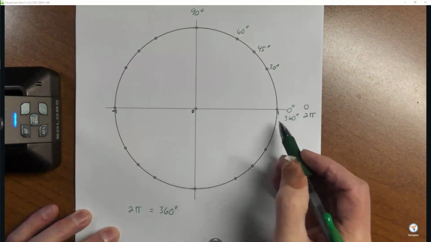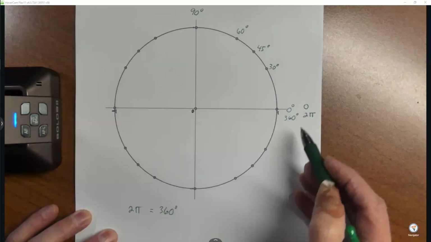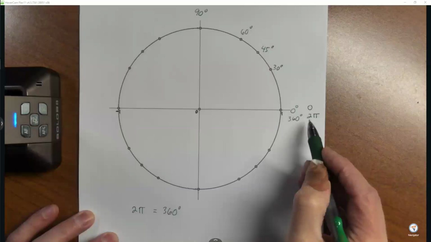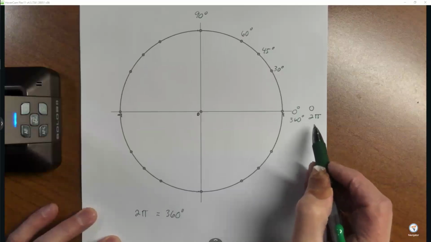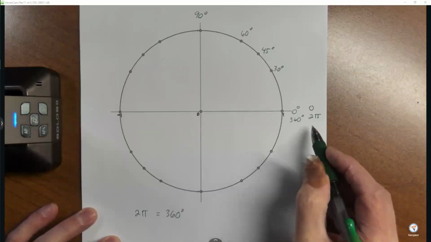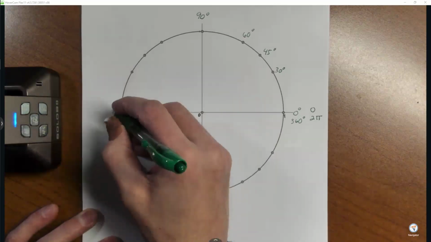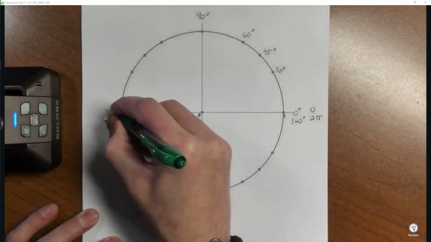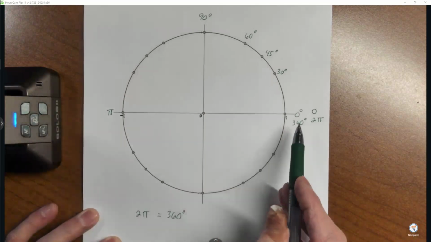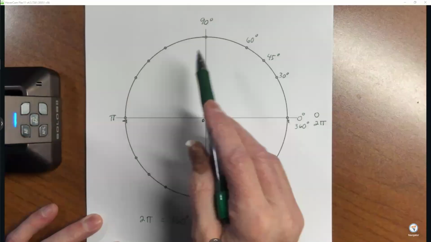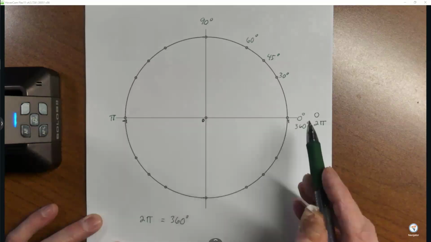So if we know that all the way around is 2 pi, then half of the way around would be what? Well, let's just divide 2 pi by 2. This has to be pi. Okay, so we already know that if I go half the way around, I've gone around by pi radians.